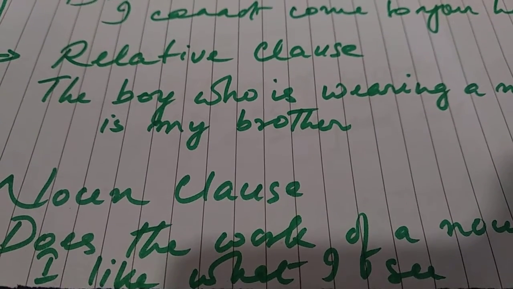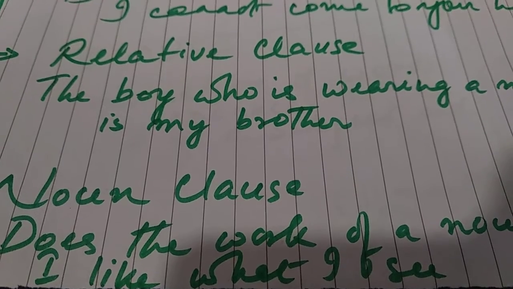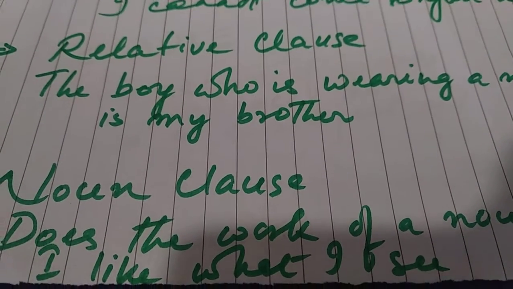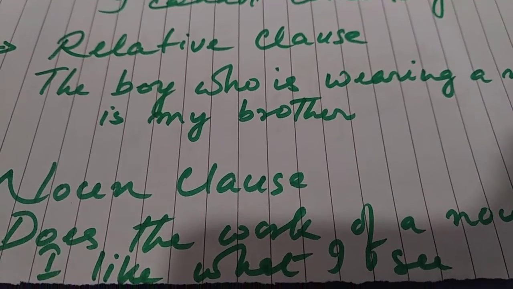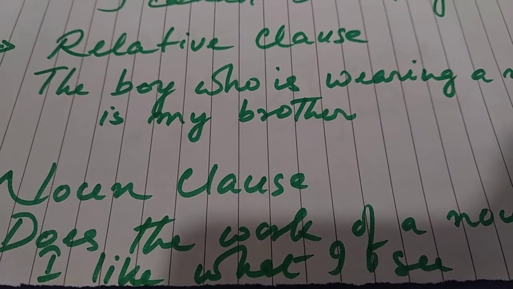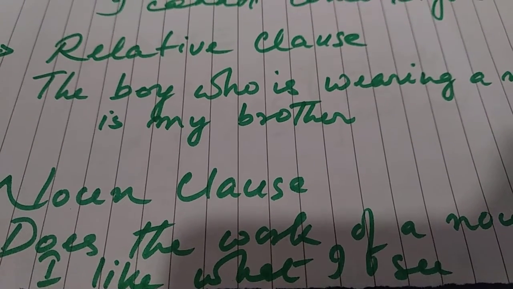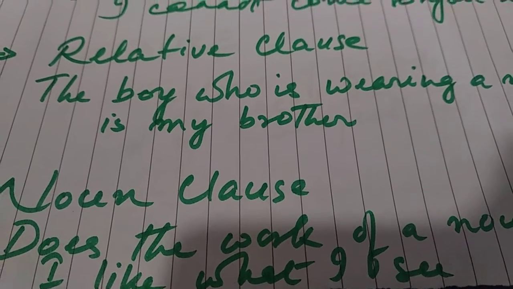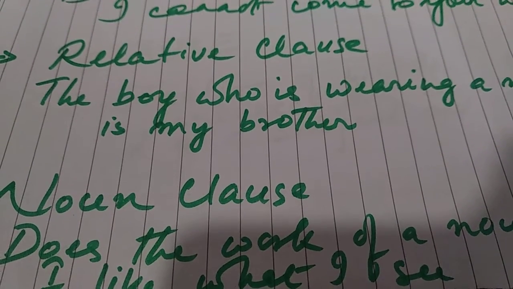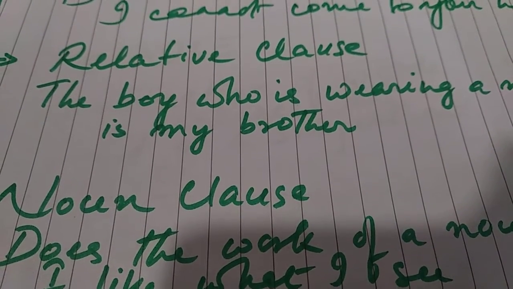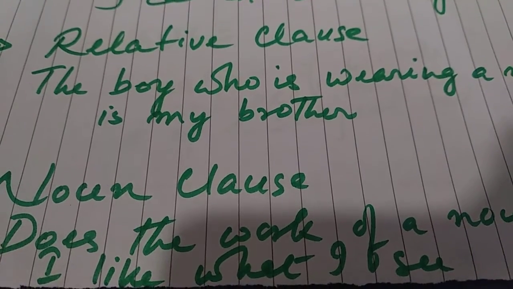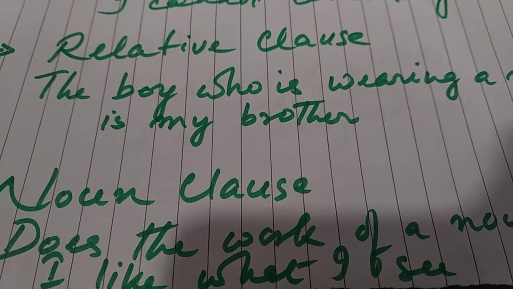I like what? You answer the question what and you get a noun, isn't it? I like apples, for example. I like grapes. Apple, grape is a noun. So likewise, I like what I see. What I see does the work of a noun. I like what? I like what I see. So this is a noun clause.